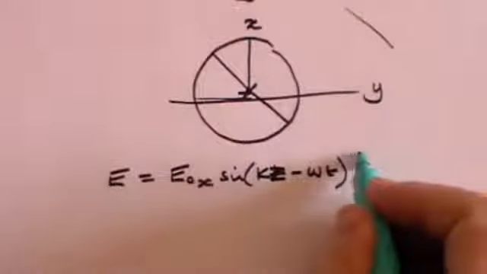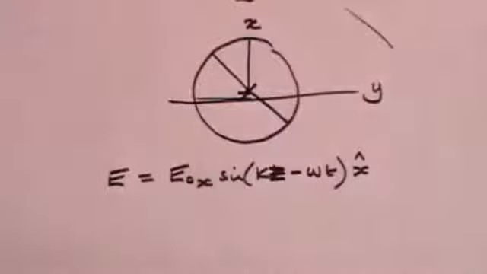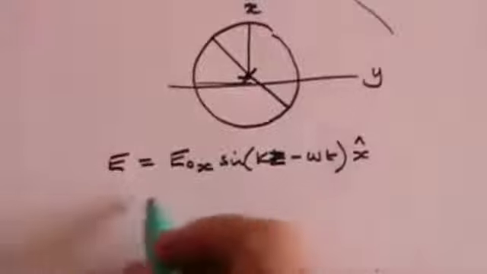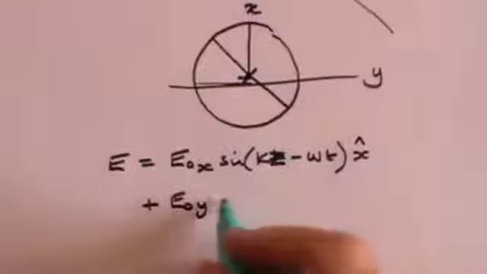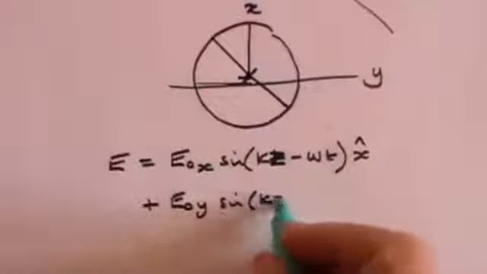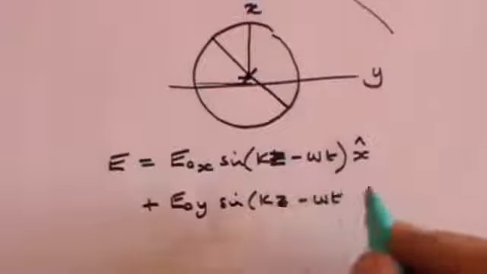And that's going to be in the X direction, so I'm going to put a little hat there to show that that's a vector X, plus the component in the Y direction, sine kz minus omega t.